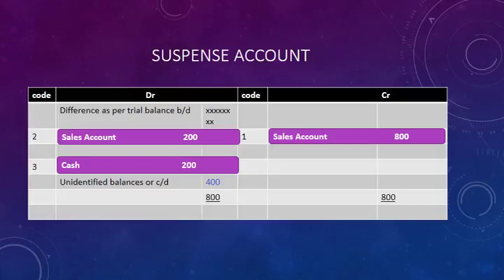If it doesn't, then there are some errors which haven't been identified, or there's an error in your preparation of the suspense account. But do not fear when it doesn't balance, because it's normal also. Accounts do not always balance. So if they don't balance, it means there may be some unidentified errors or there is some missing information.